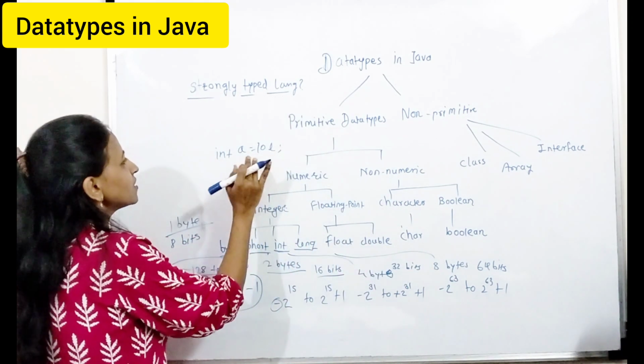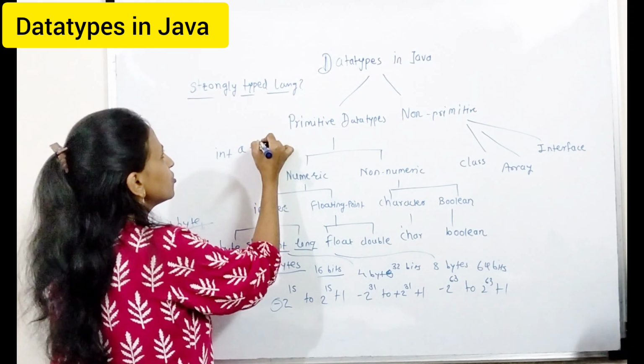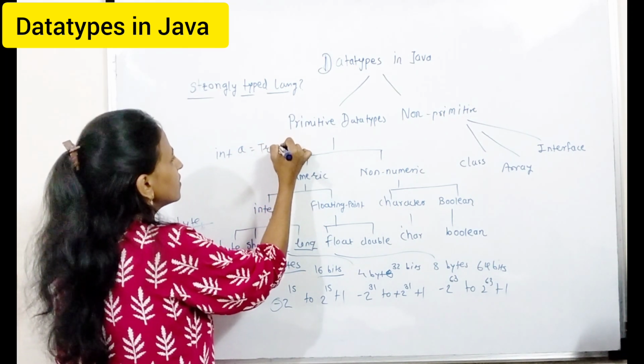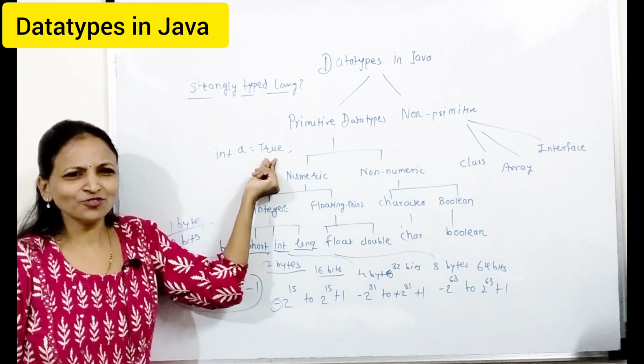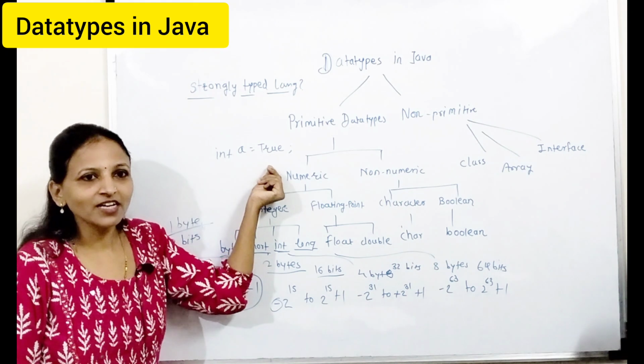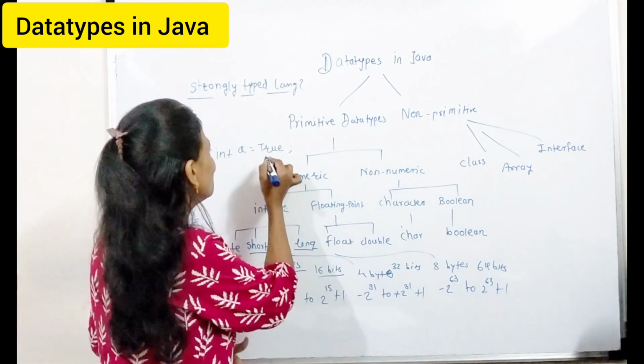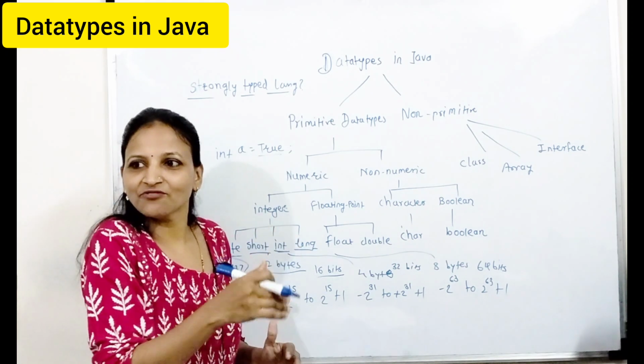Now next, suppose you have written int A equals true, but in this true I have used a capital T. It will raise an error like undefined symbol, because Java doesn't know what this symbol is.